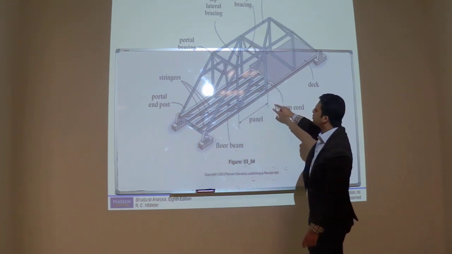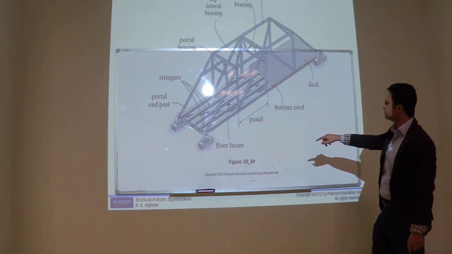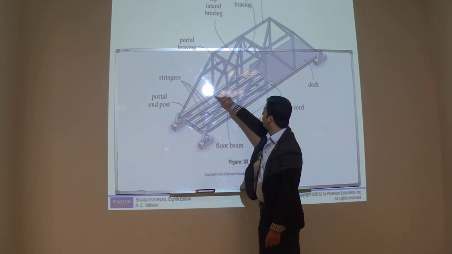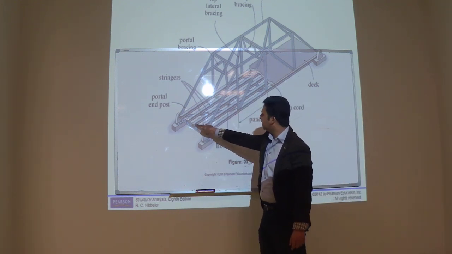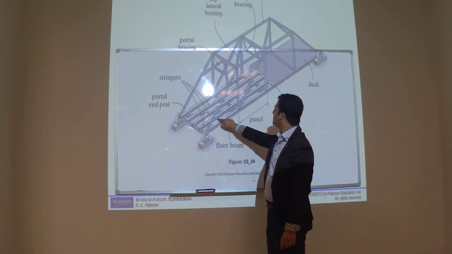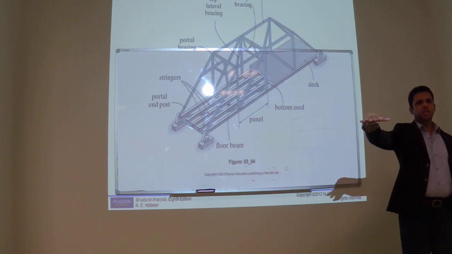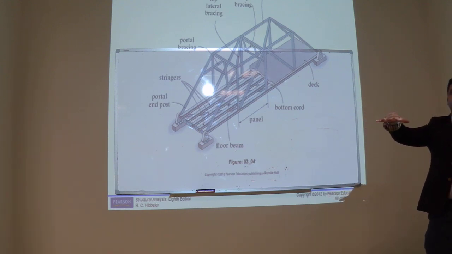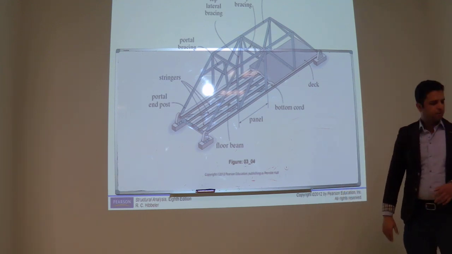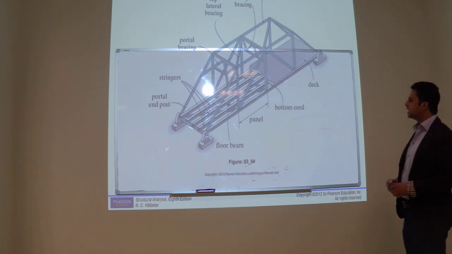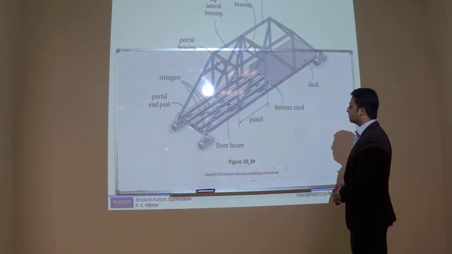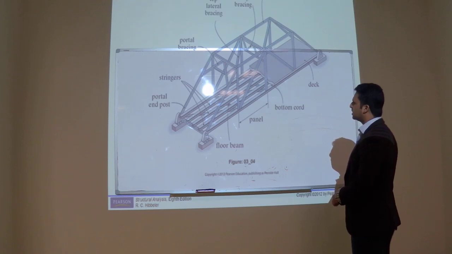I'm not sure what they're calling here. Yeah, floor beams. These perpendicular beams are called floor beams, and these horizontal beams are called stringers. And the deck slab is resting over the floor beams. If you want me to show the cross section, I can show you, or there is no need.